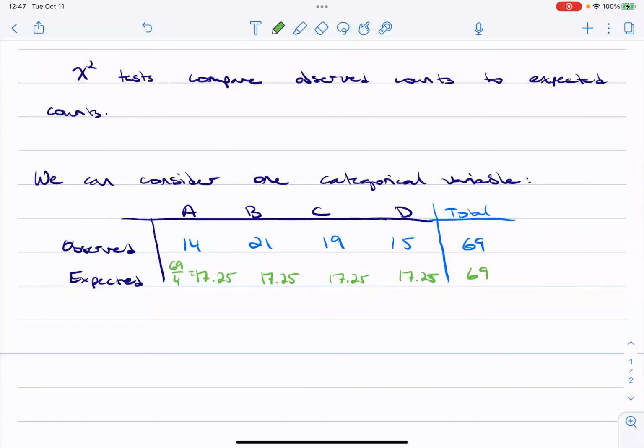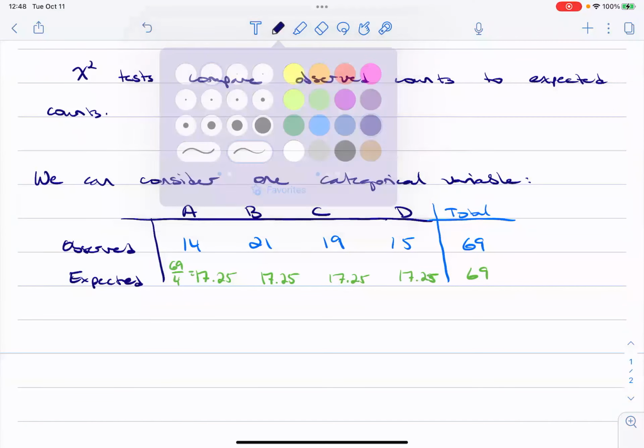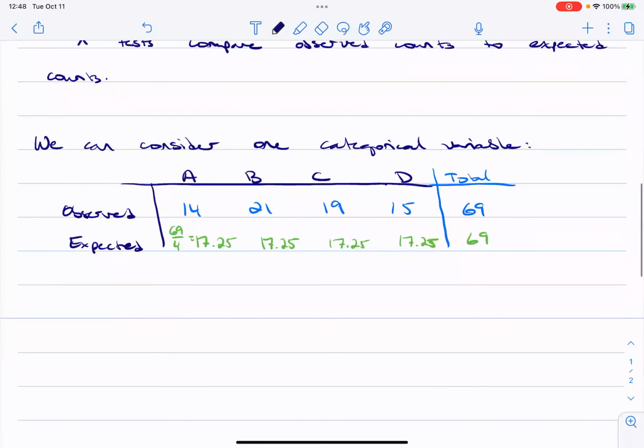So if this is just random chance in how these were distributed, I'm expecting things to be around 17.25. Now in this case, just by eyeing it, it's kind of hard to say. So we would need to do the calculation.